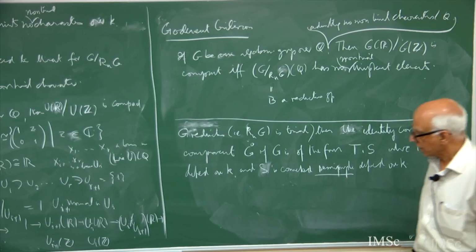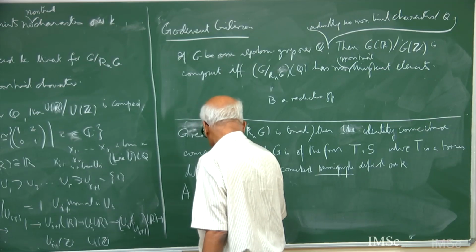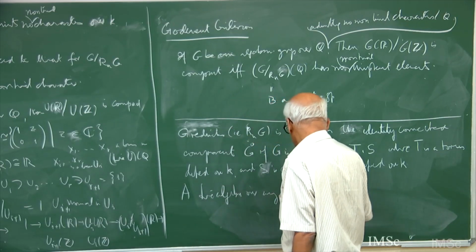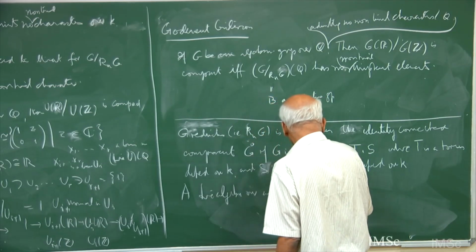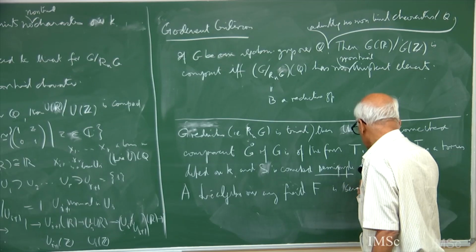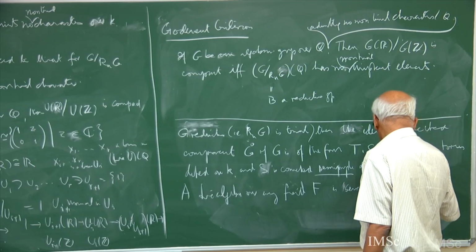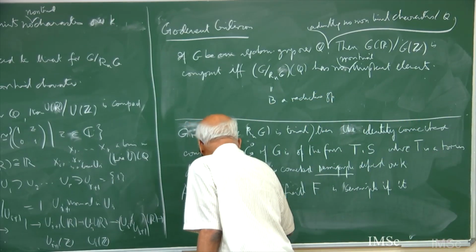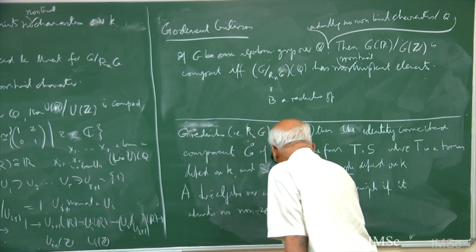A Lie algebra over any field F is semi-simple if it admits no non-zero abelian ideal.